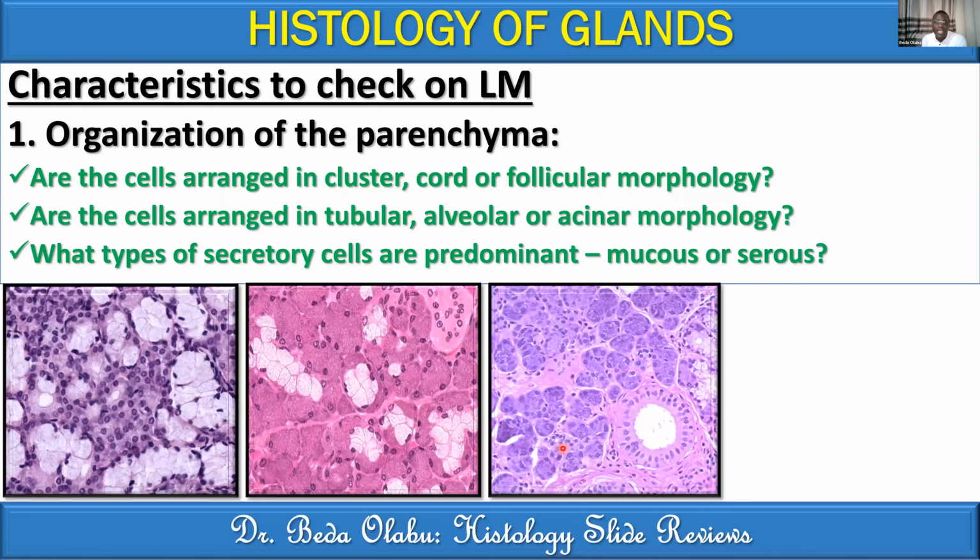Now, this one is a duct. Remember, we are looking at an exocrine gland, which is a serous gland. That means this gland is expected to have a ductal portion. So this structure here is a duct. Look at the epithelial type that lines the duct. We can take a simple columnar or a stratified cuboidal there with a lumen. So that's a duct.